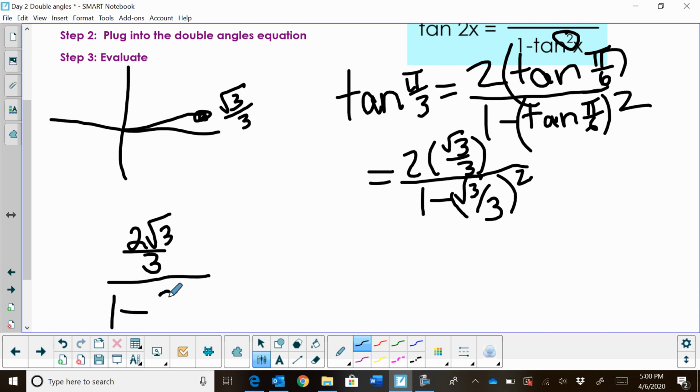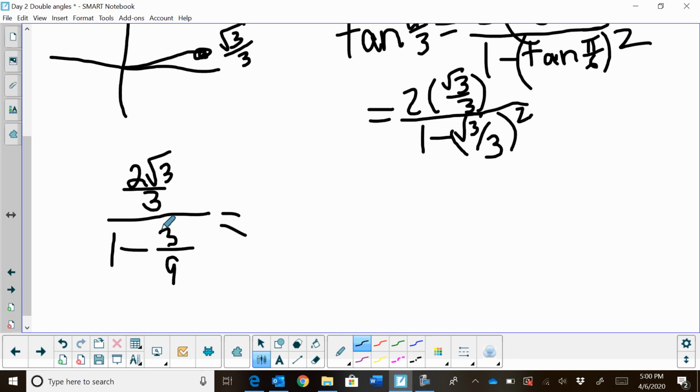The square root of 3 squared is just 3. The square root of 3, or 3 squared is 9. So that gives me 1 minus 3/9, which is 1/3. Well, 1 minus 1/3 is 2/3. So my denominator is 2/3.